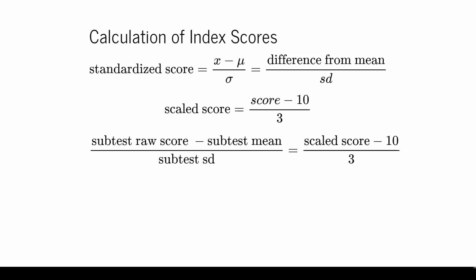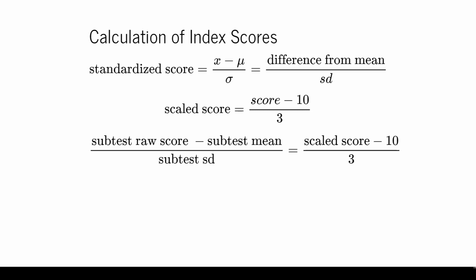We can also convert across different scales. The way we do that is by equating the values for these different scales in terms of mean and standard deviation, and one score obtained on one scale, and then solving for the score we need on another scale.